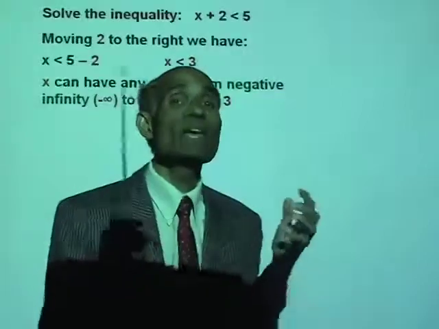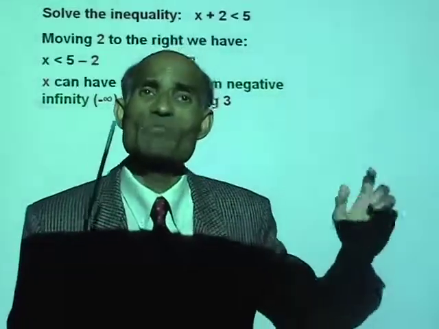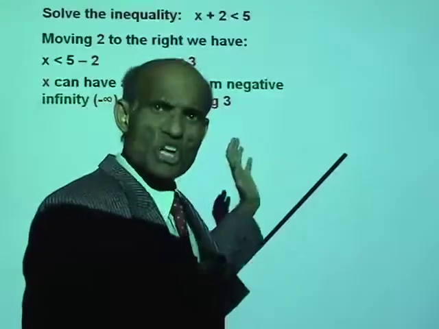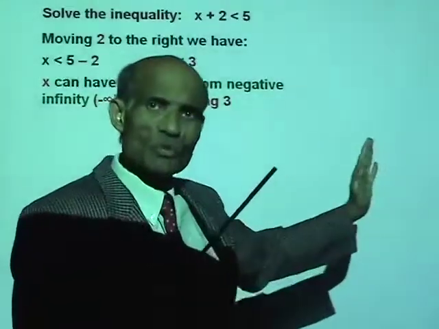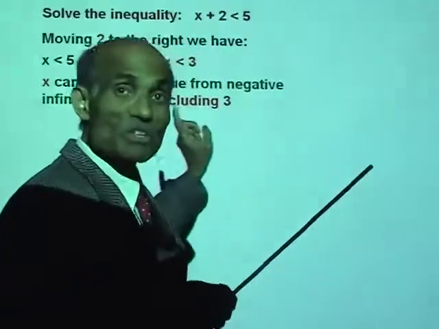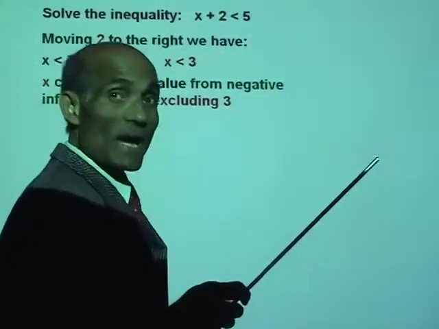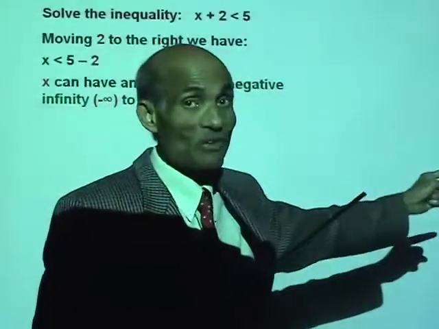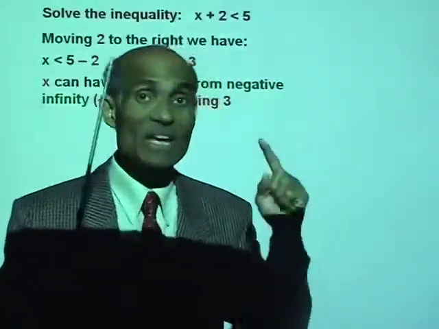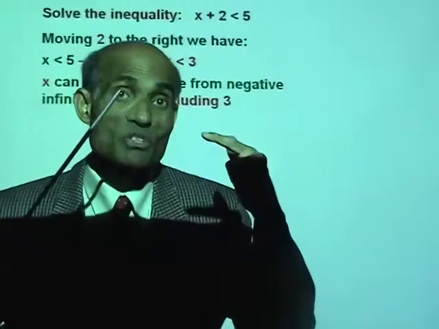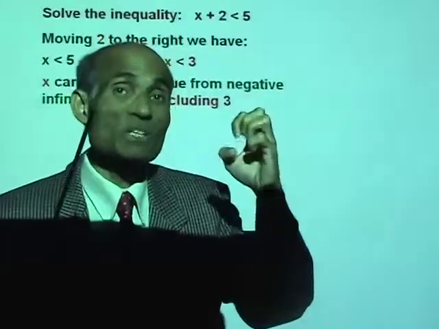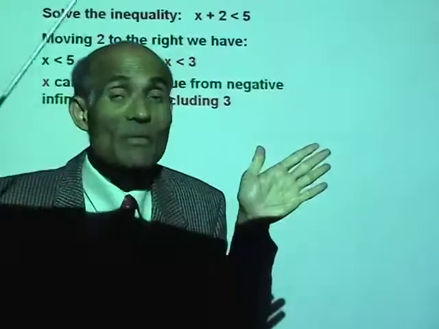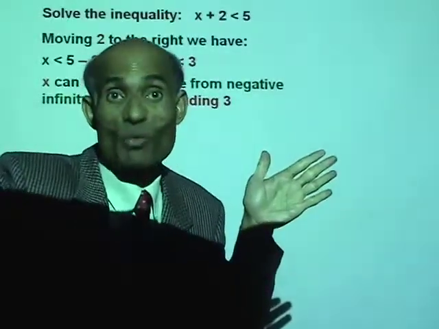No. You see, we live in a world where we write from left to right. Is that right? Everything starts on the left and goes towards the right. Numbers start from left, where? Negative infinity, and goes all the way to positive infinity. So an interval, if you want to mention an interval, the starting point of the interval will be on the left, and the ending point will be on the right.